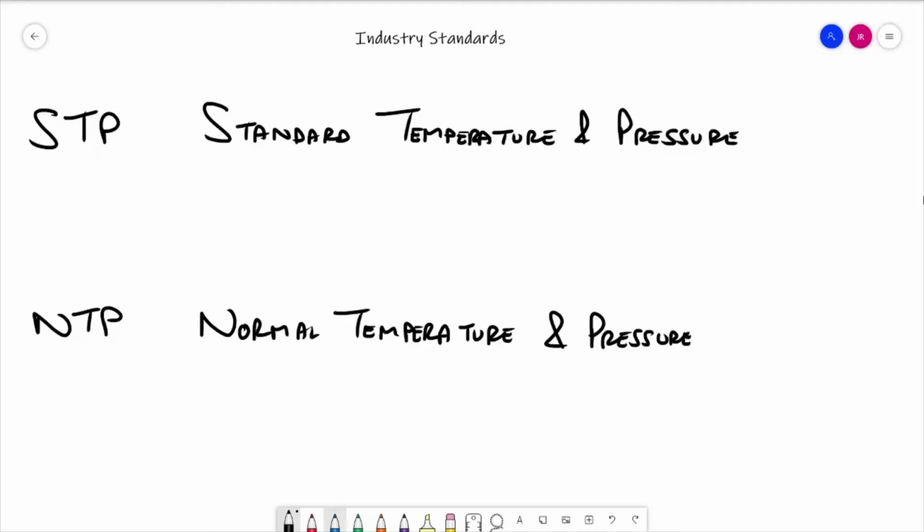Now, normal temperature and pressure we'll have a look at first. The pressure that we take for normal pressure is very simply 1 atmosphere.